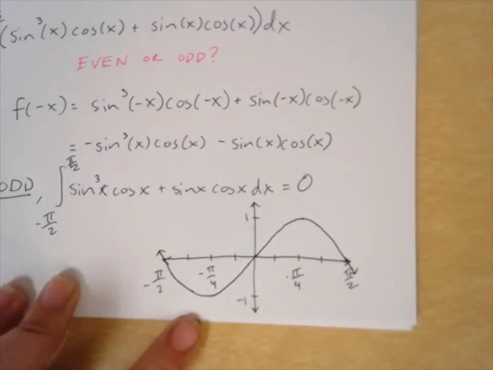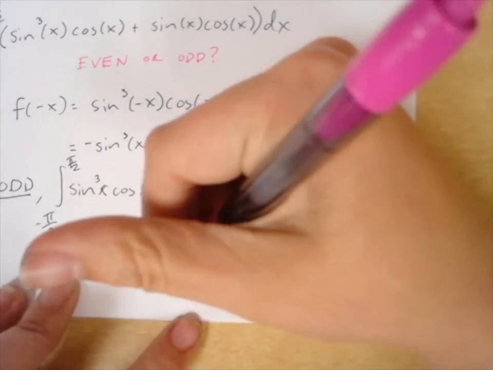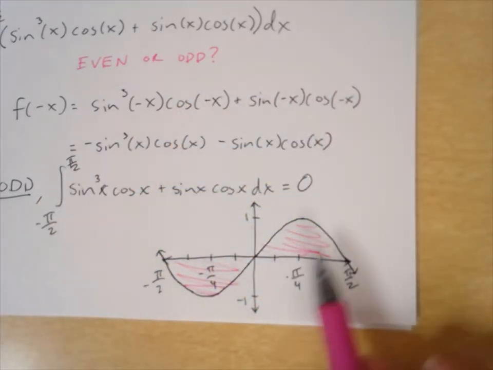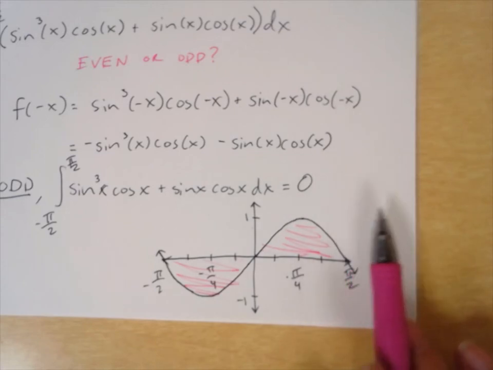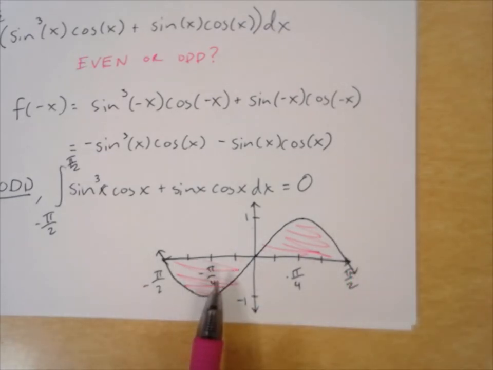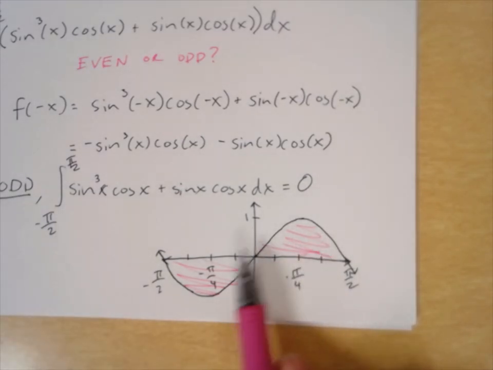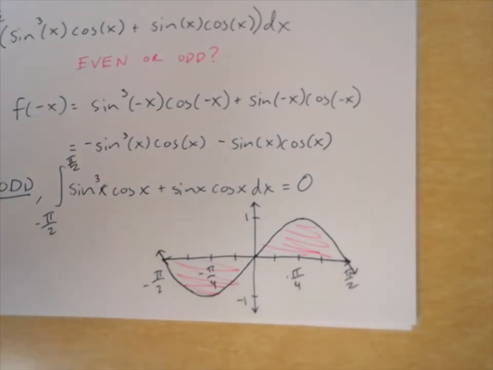That's the nice curve we got going on, and I want to illustrate the area that's happening. Over on the right side we have positive area, and over on the left side we have negative area. These two areas perfectly negate each other, right? We have exactly the same positive area that we do negative area, and so they kind of cancel each other out perfectly. And that's what will happen with those odd functions from the same intervals, opposite signs.